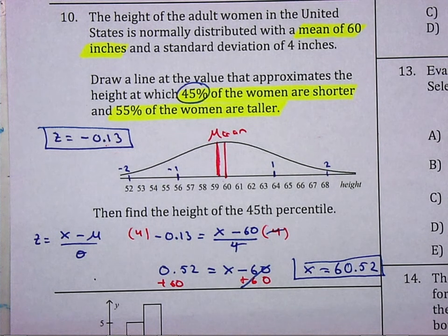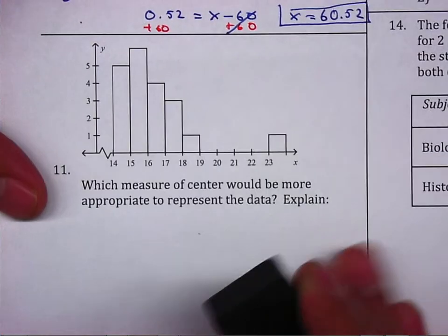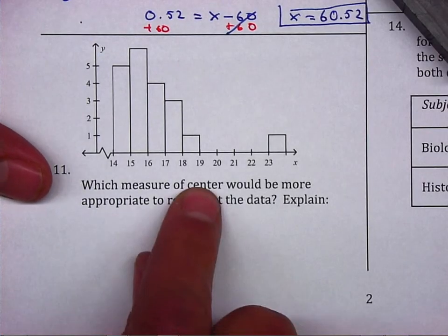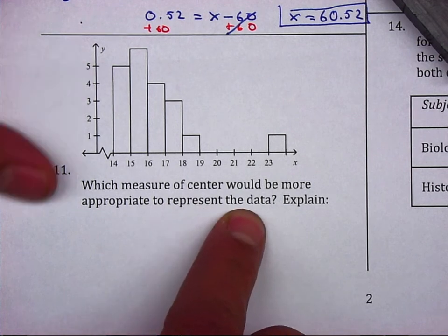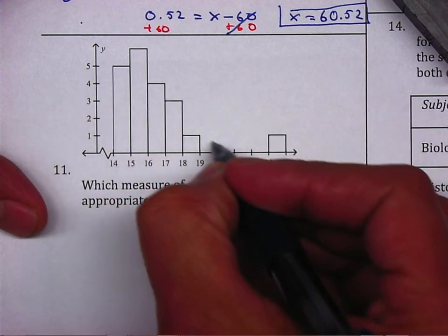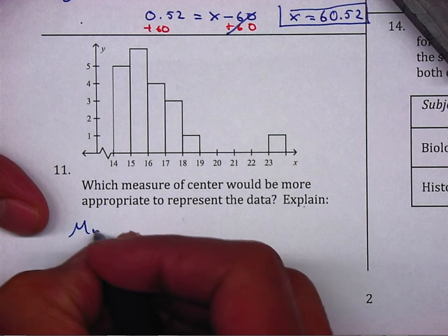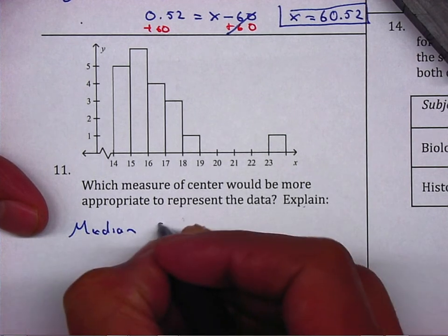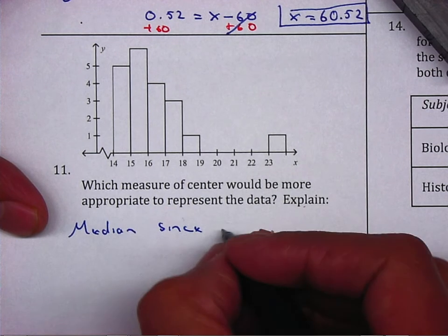So let's continue to problem number 11. Which measure of center will be more appropriate to represent the data? The mean or the median? Since this is skewed towards the right, we have to use the median, since there are two reasons.